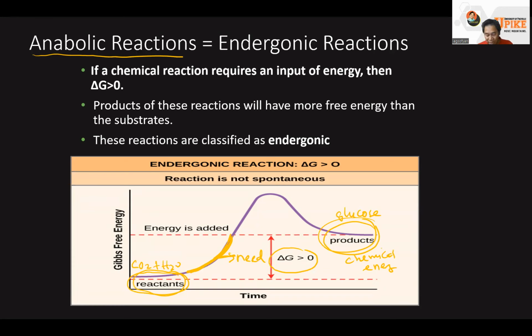But for the anabolic reaction, anabolism, energy will always be needed. Therefore, the delta G will always be higher than 0. At the end, the product will carry that energy with it. This is what we call the potential energy or chemical energy.